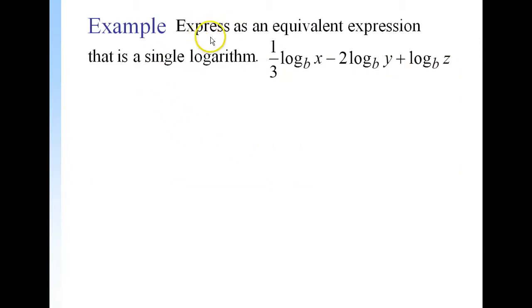Okay, now what we're going to do is express as an equivalent expression that is a single logarithm all of this. So let's look at it here. Since it's 1/3, it's going to be log base b, and then the 1/3 indicates it's the third root of something.